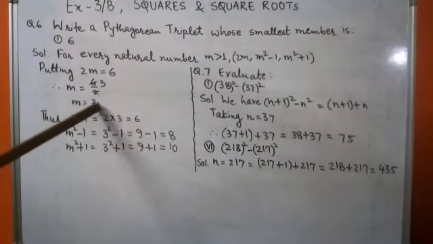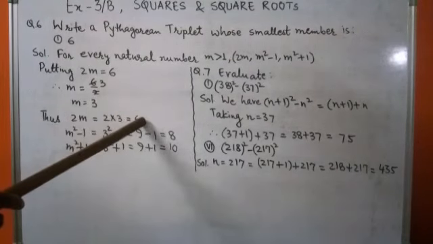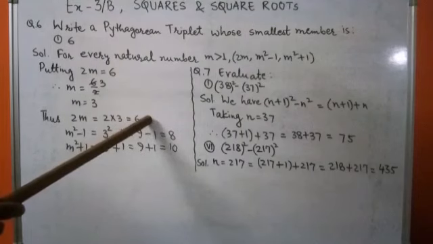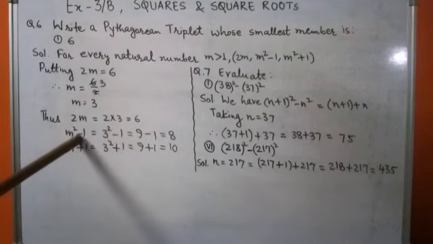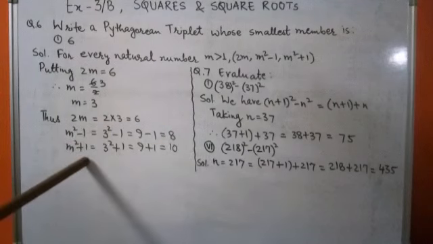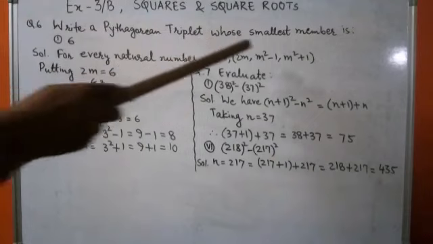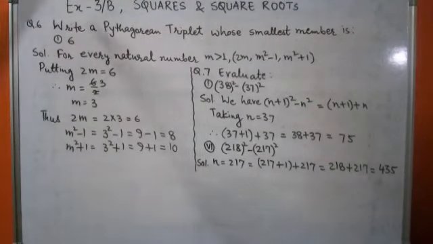Since we get the value of m, then putting the value of m in 2m, we will get one of the numbers of the triplet, which is 6. Then m square minus 1, here we get 8, and the third one is m square plus 1, there we get 10. In this way we can find out Pythagorean triplets through the smallest member of the family.